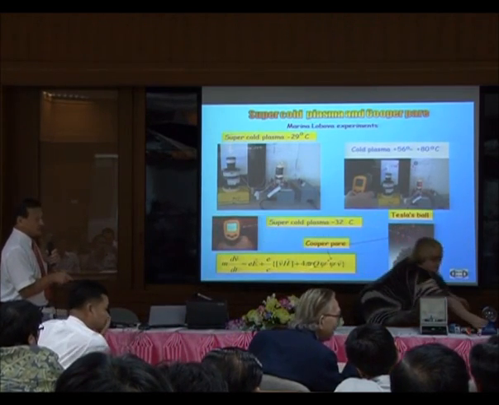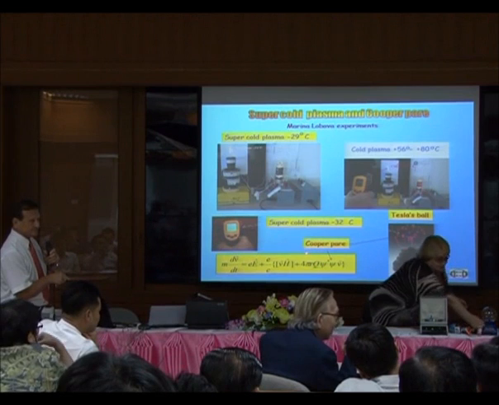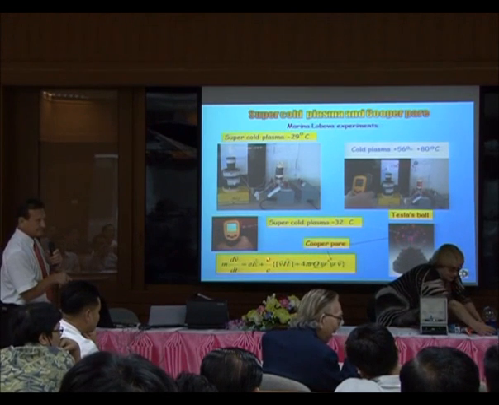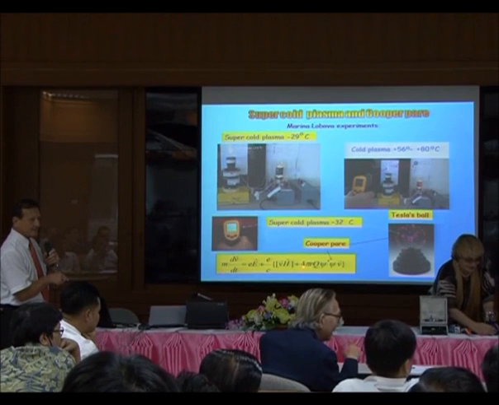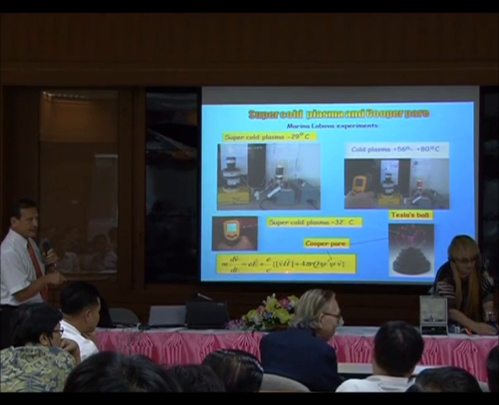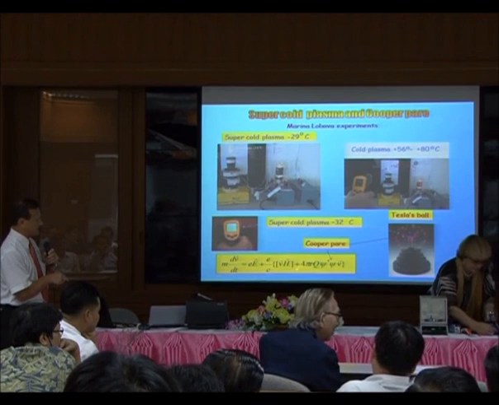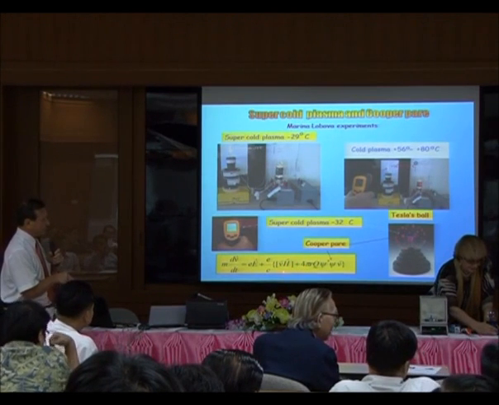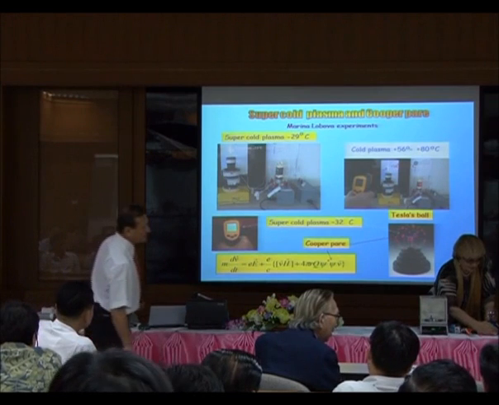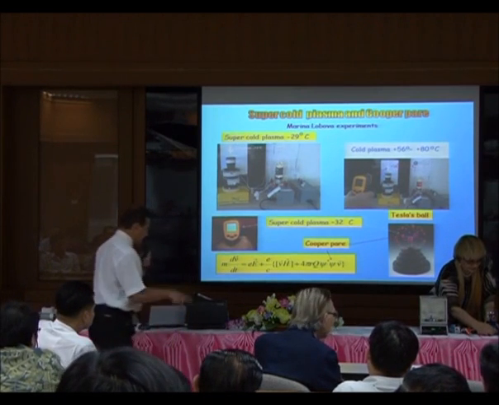This term is based on the generalization to 10 dimensions. This is Cooper current. You can see Cooper current in the Tesla bulb.